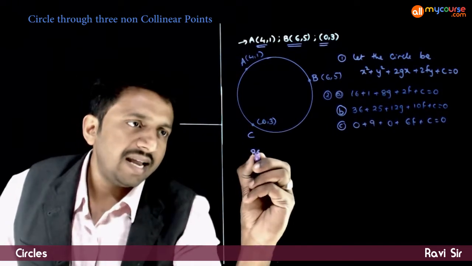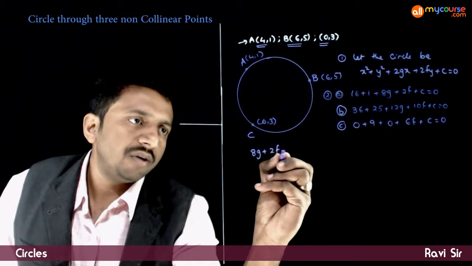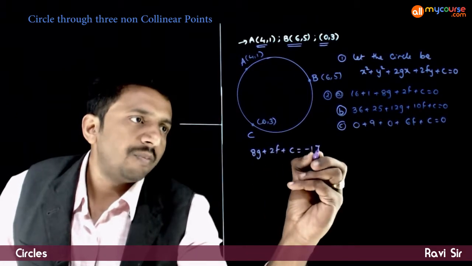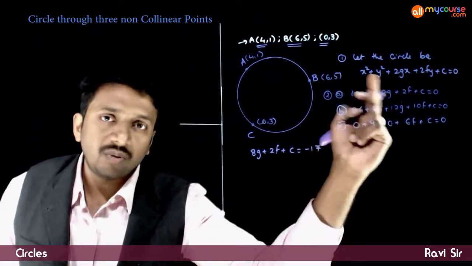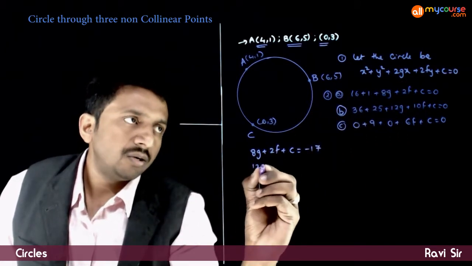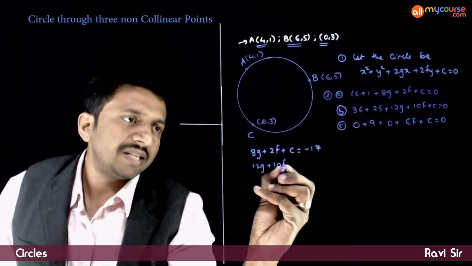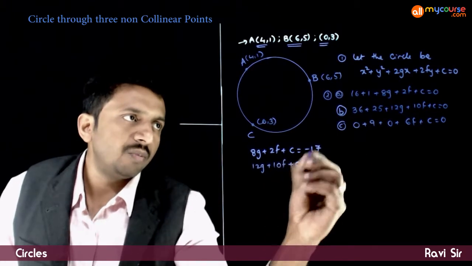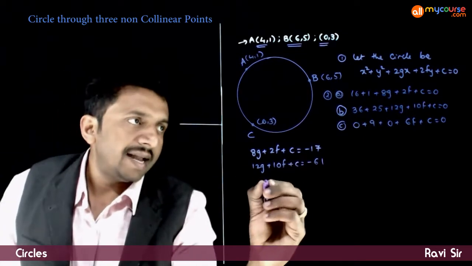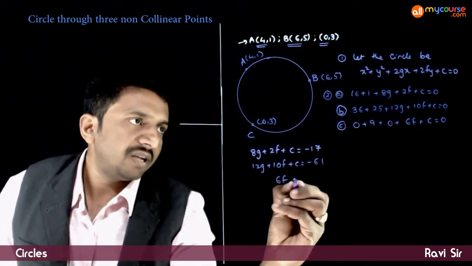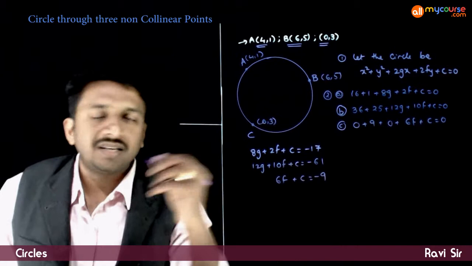So first, 8g plus 2f plus c is equal to minus 17. 12g plus 10f plus c is equal to minus 61. And 6f plus c is equal to minus 9.